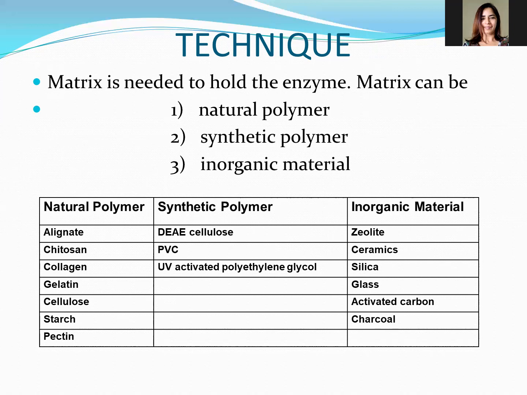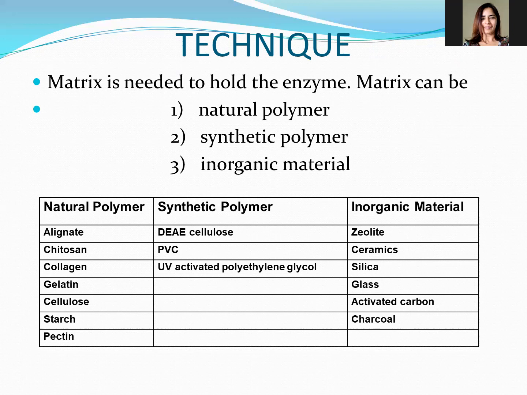Based on their chemical composition, the support can be an inorganic material or an organic material. The organic support can further be divided into natural polymers and synthetic polymers. Alginate is a polymer having hydroxyl groups which can be derivatized easily. Chitosan is deacetylated chitin. Starch is a linear polymer of glucose.